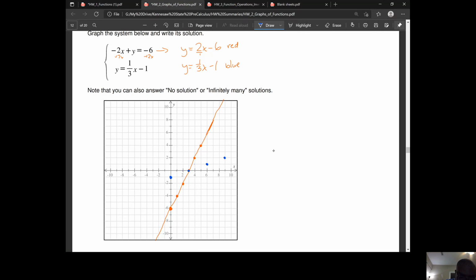Down 1 over 3, down 1 over 3, down 1 over 3. Connect our dots. All right, and the solution is at 3, 0.